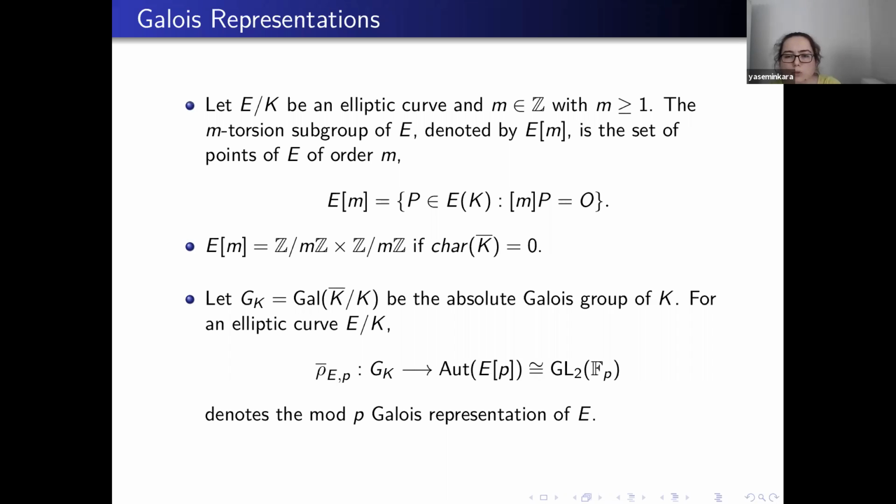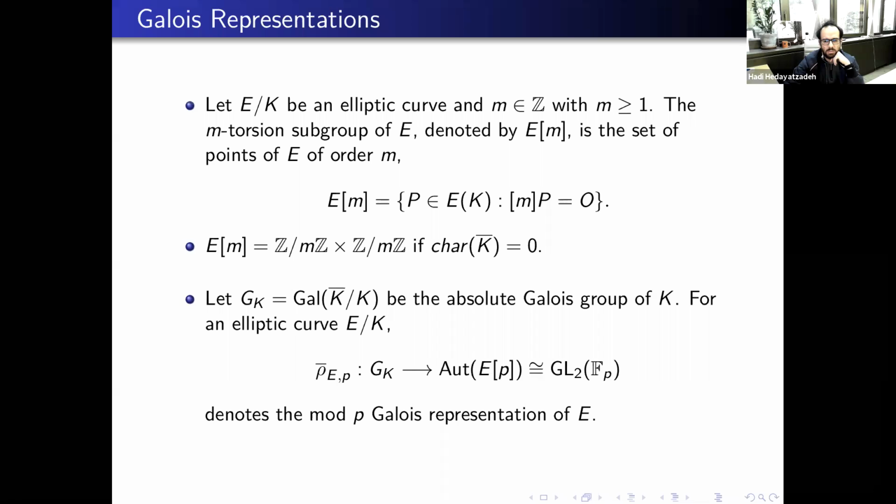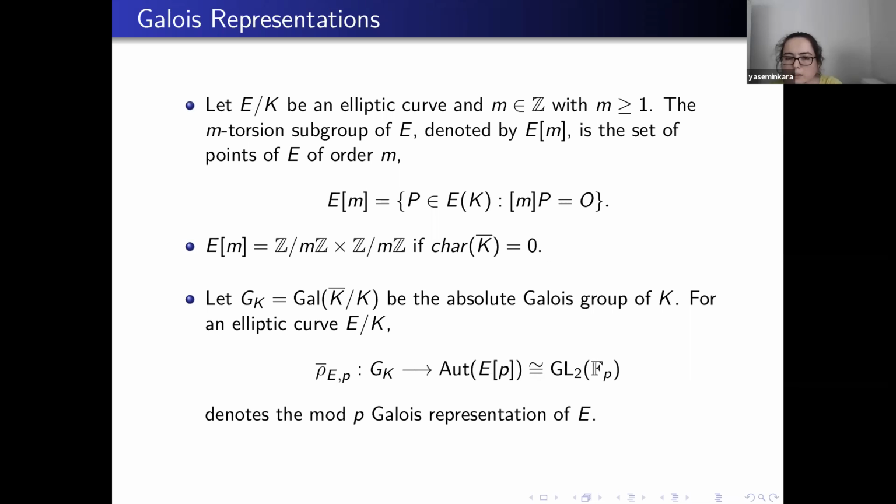So do you assume that the characteristic is different from p? Yes, I assume that the characteristic of K bar is 0. When we define the mod p Galois representation, do you assume that K has characteristic 0 or different from p?